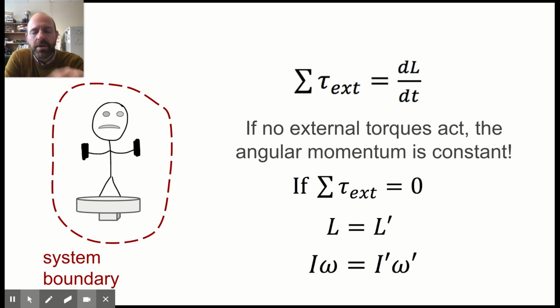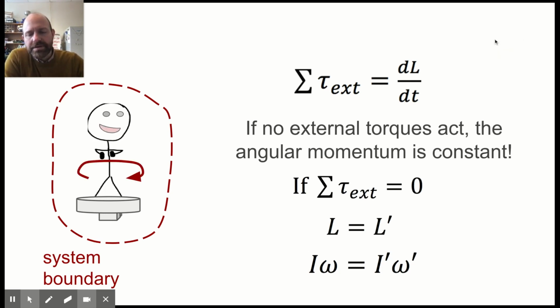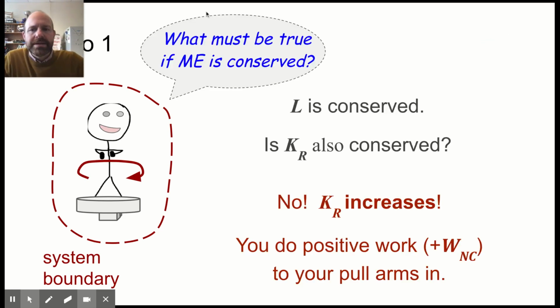But if you change the moment of inertia, you also have to see a change in angular velocity to balance that out. If you bring in those masses, the angular velocity will increase because you've decreased the moment of inertia. And if you bring them back out again, you can slow it down.